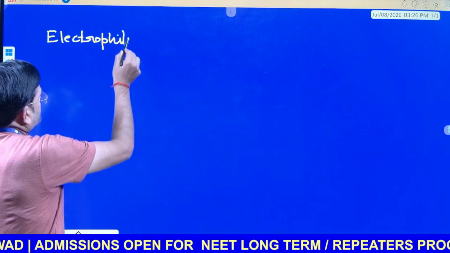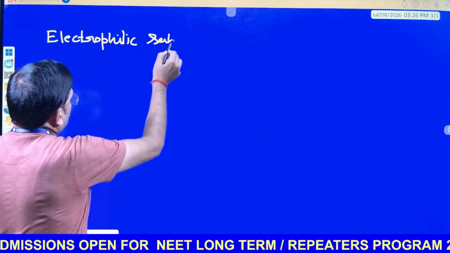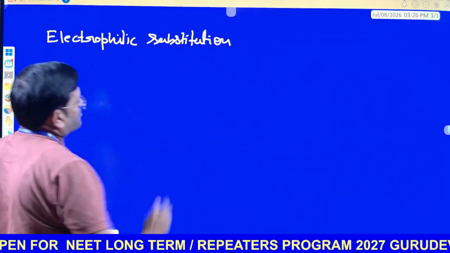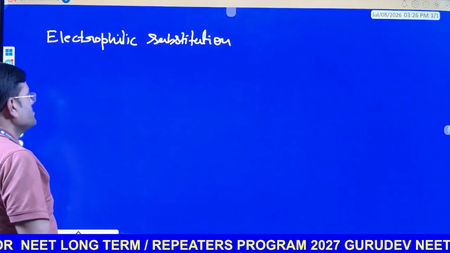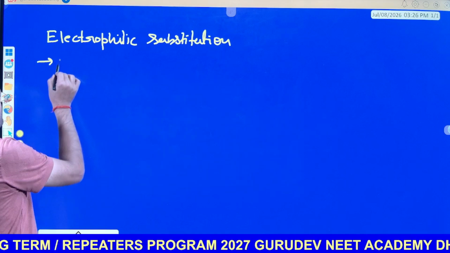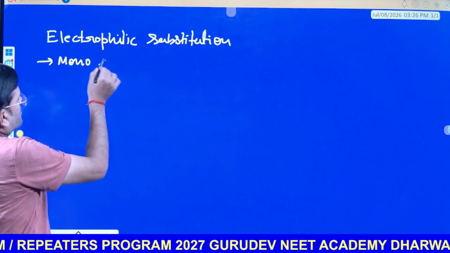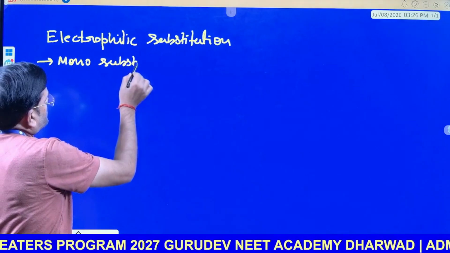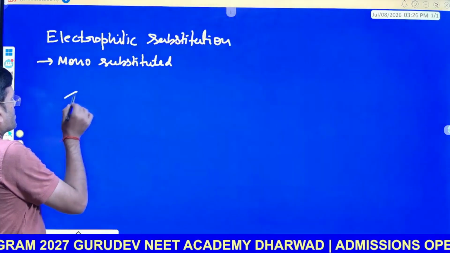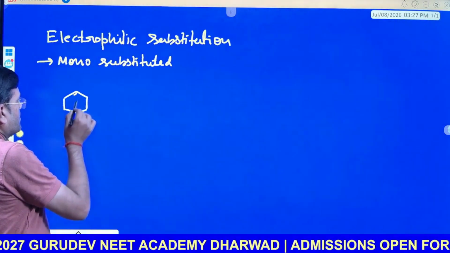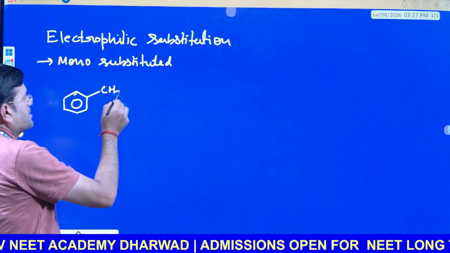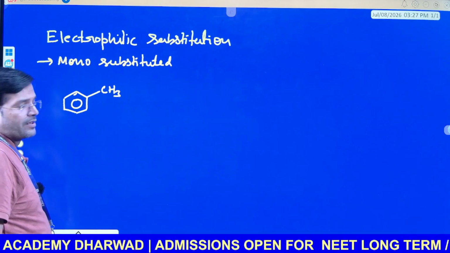Electrophilic substitution. Five we have discussed. Suppose we are having mono substituted benzene and it has been already substituted by CH3, that is toluene.